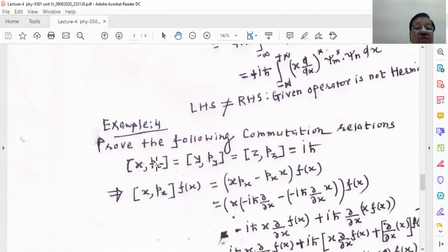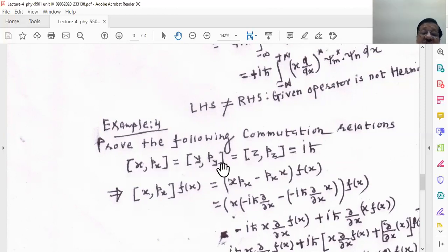There should always be an uncertainty when you measure x and px simultaneously. Similarly for y, py and z, pz, correct? So this particular commutator is very important in quantum mechanics, and now we would like to solve it.